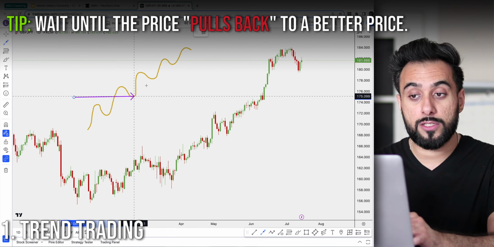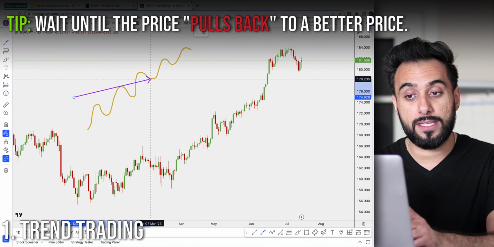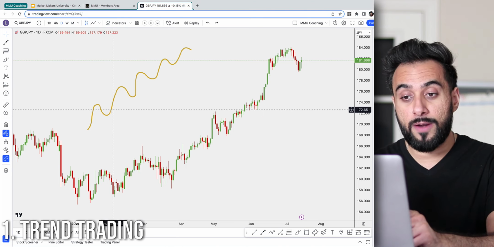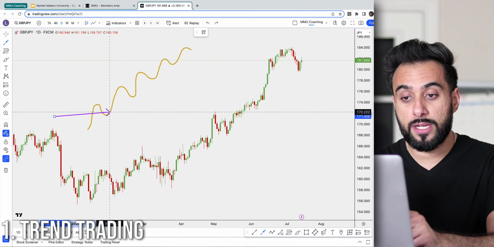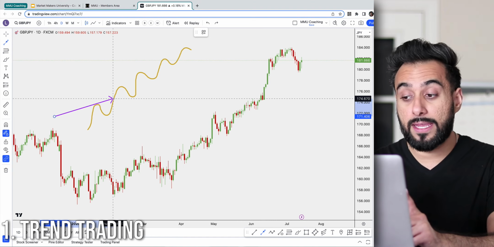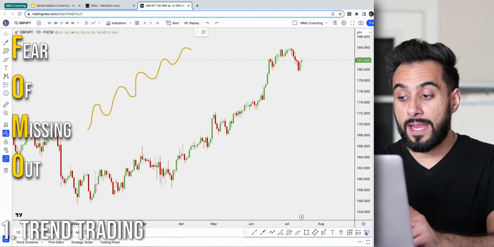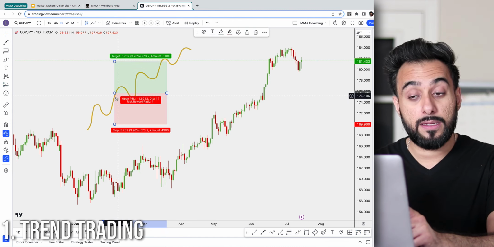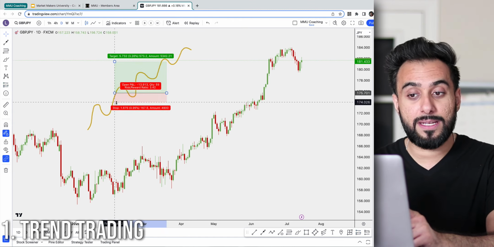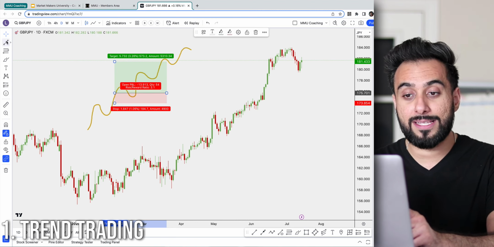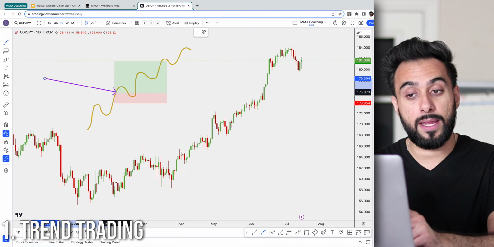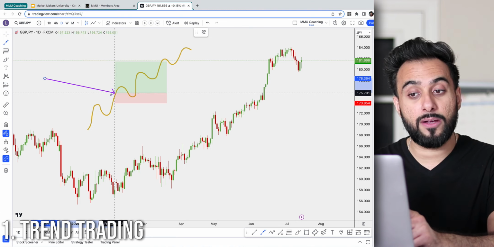These are the areas where we would want to enter our trades, because what most beginner traders do, whenever they see the market is moving without them, they see that the market is pushing higher, higher, and higher, higher, they get what's called FOMO and they want to enter a trade at the highs or near the highs because they've already seen that the price has essentially left the station without them and they don't want to get left behind. This is not an ideal area to enter.